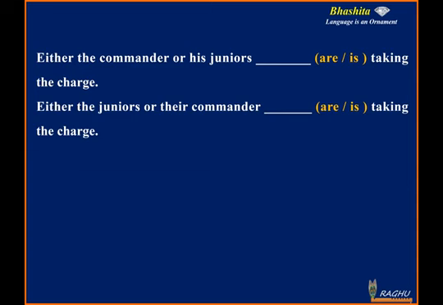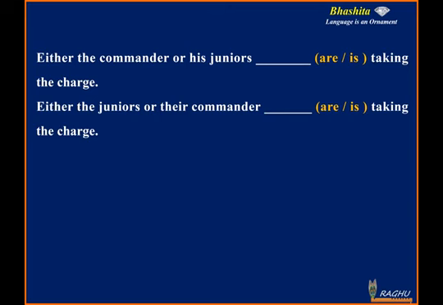In both the sentences, two nouns are there. One is commander, second one is juniors. And commander is a singular noun, juniors is a plural noun. That is one change we can identify.